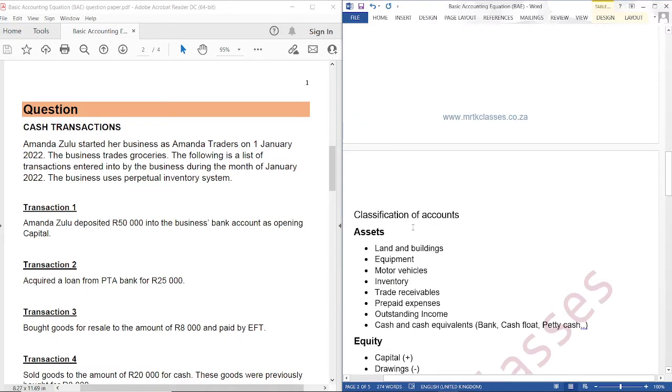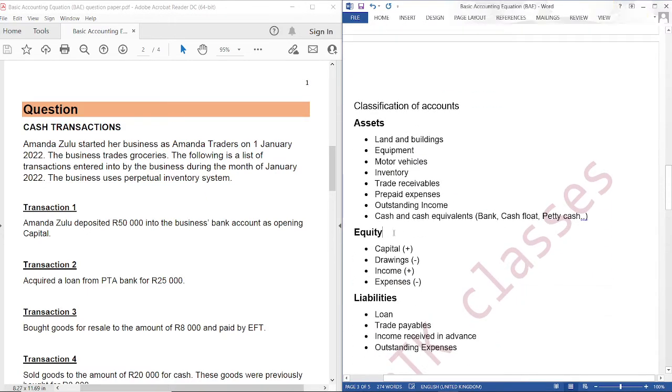So if equity has a credit balance, let's come here. If equity has a credit balance, it means that capital is going to have a credit balance. Why? Because it increases equity, right? So it is going to have the same behavior as equity.